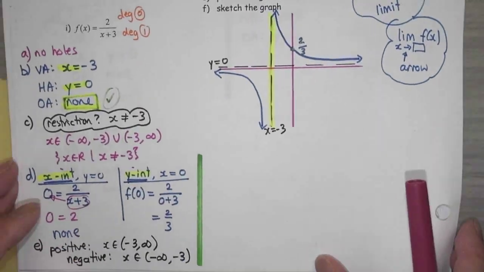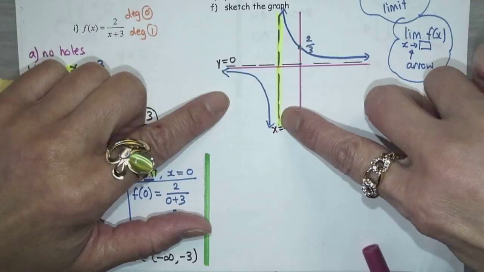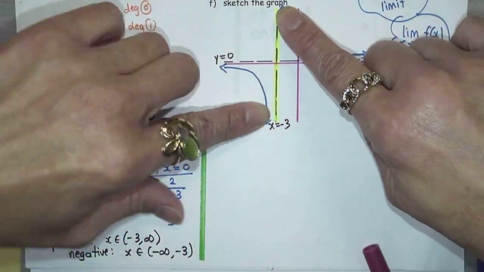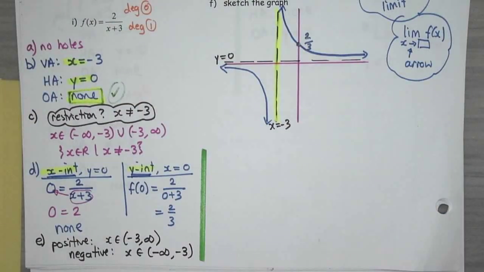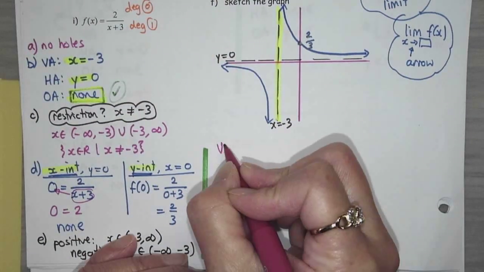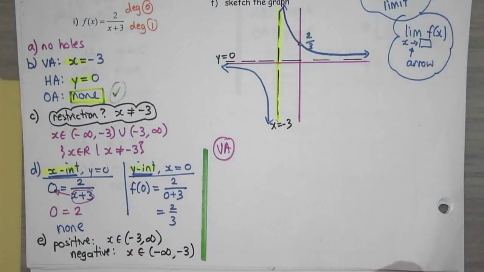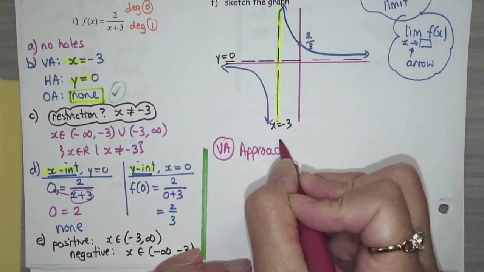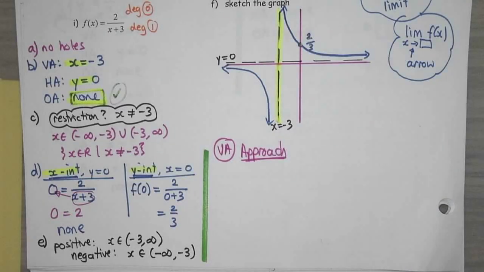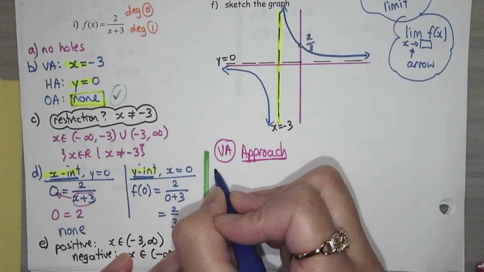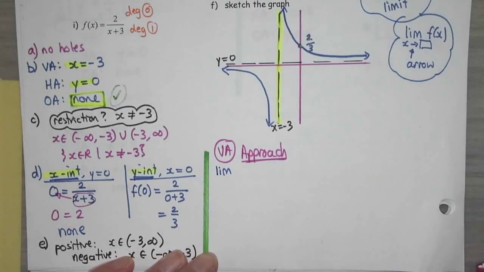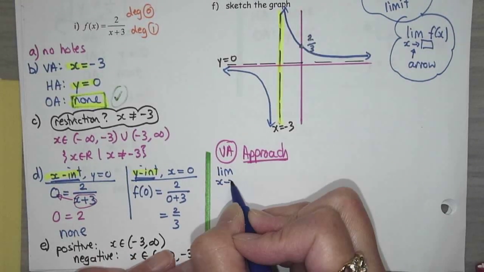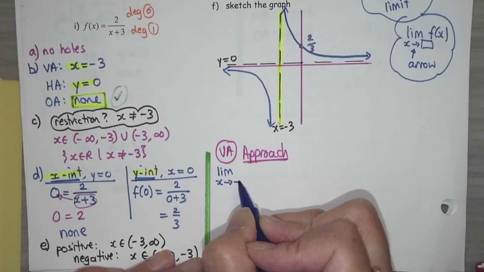So for this vertical asymptote, there's two approaches, which means you're approaching either from the left or the right. You want to describe it in two ways. So for my vertical asymptote, we're going to write the approach. I'm going to write the limit, so that means I'm getting close to x as I'm walking towards -3.